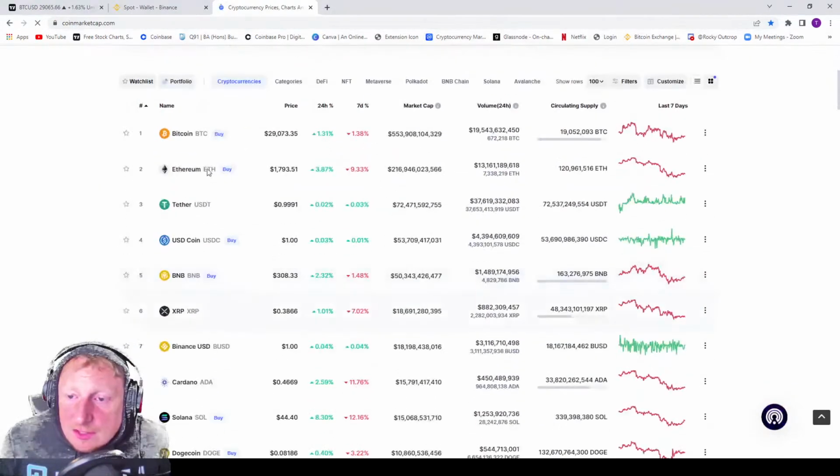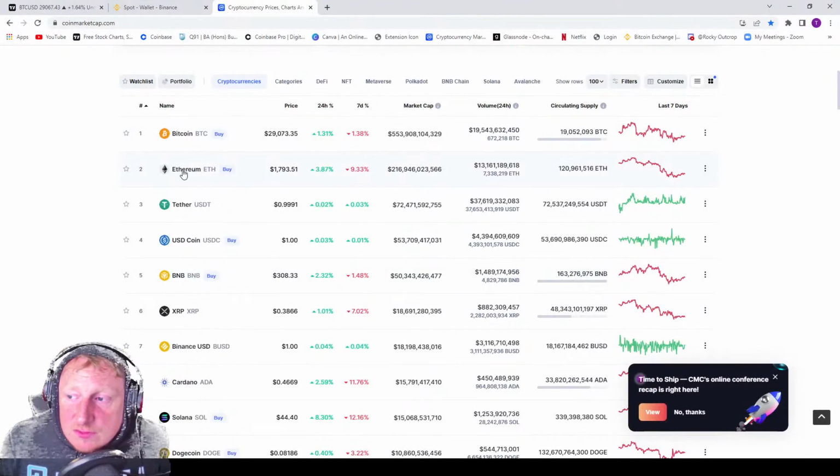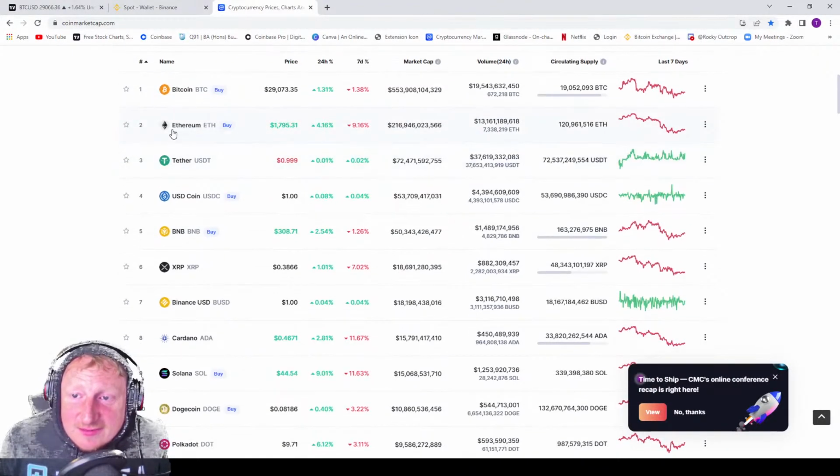When you come here, you can see Bitcoin's number 1. Ethereum's going to catch up to Bitcoin. That'll be funny the day that happens. And then here, this is it, right? So third and fourth, you've got USDT and USDC, the third and fourth biggest cryptocurrencies on the planet according to market cap and value.